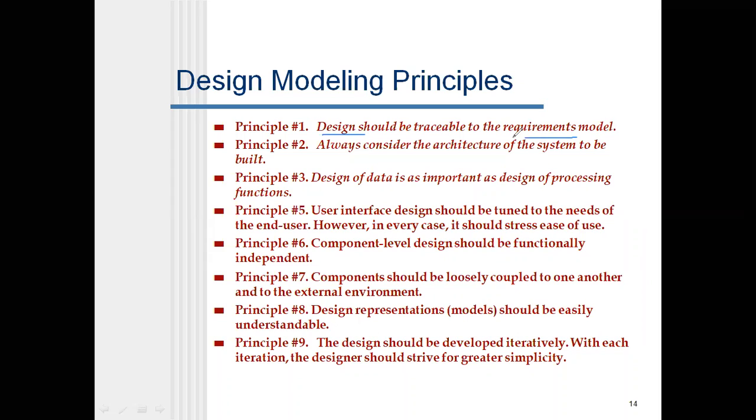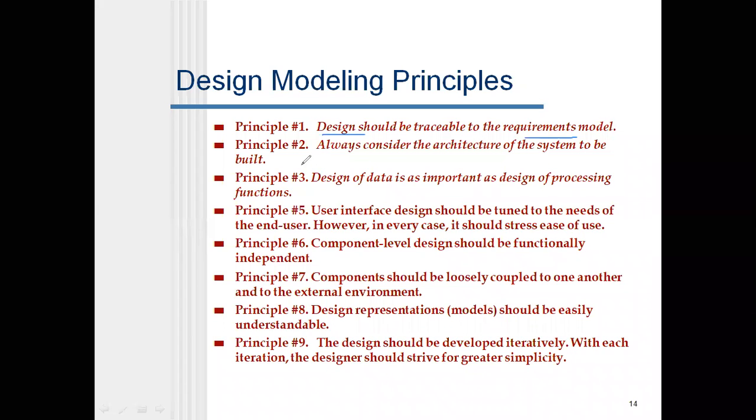We are going to make some design. So how are you going to put a design there? By watching the requirements, isn't it? By seeing what requirements we gathered to solve that particular project or module, we are going to represent a design here.